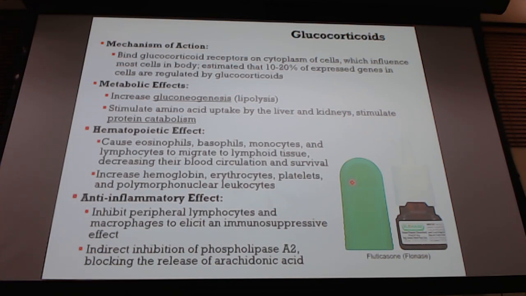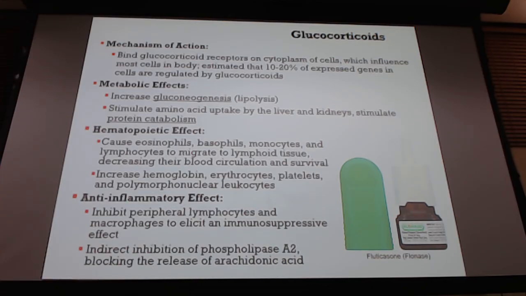And that's why we say the longer that someone is on steroids, the more likely they are to have an increased risk of infection. When we talk about autoimmune diseases, this is good, because it's going to dampen that person's body's response to attack itself. So that's why you'll see us use corticosteroids in patients who have autoimmune diseases, because we do want to stop it from attacking itself. We want to dampen that response.